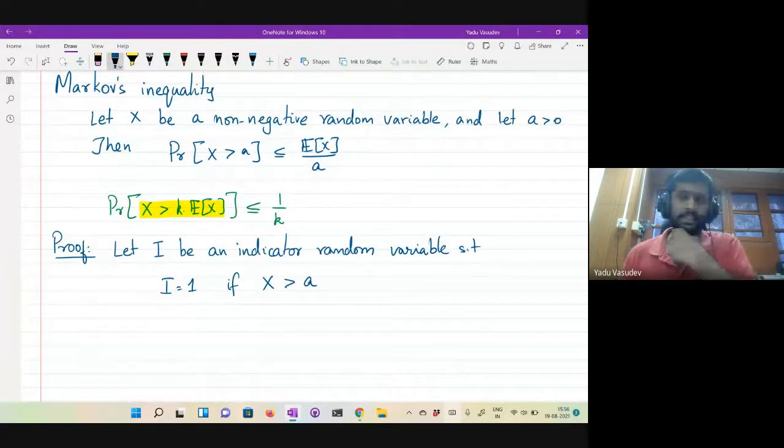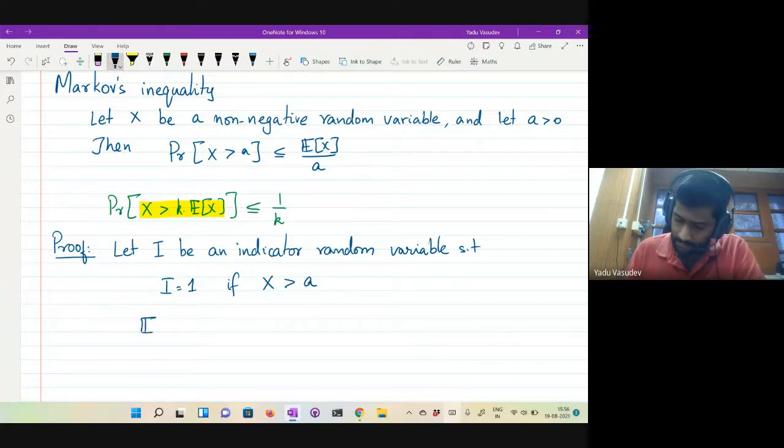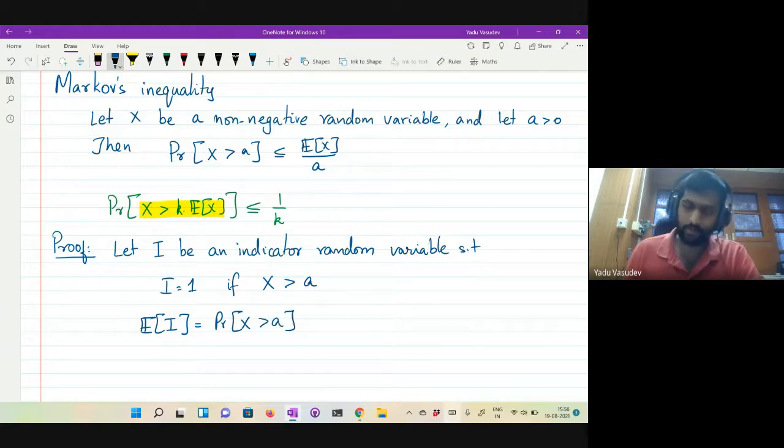Let's define this random variable, which is 1 if x is greater than a. Therefore, the expected value of this random variable is basically the probability that I is equal to 1, which is nothing but the probability that x is greater than a. This is what we want to actually compute.